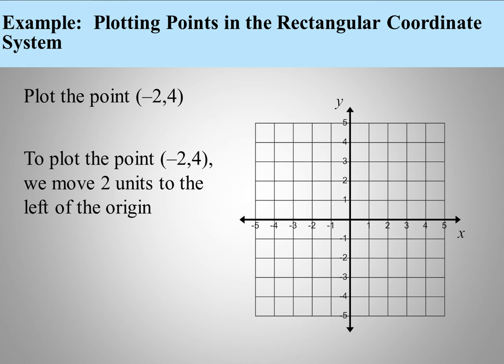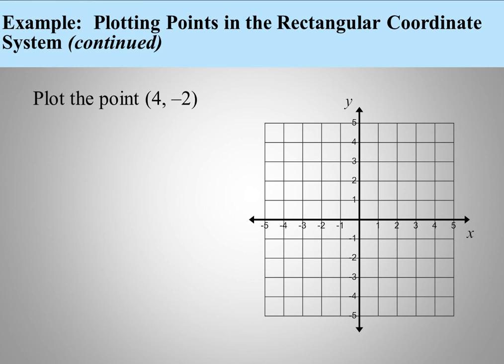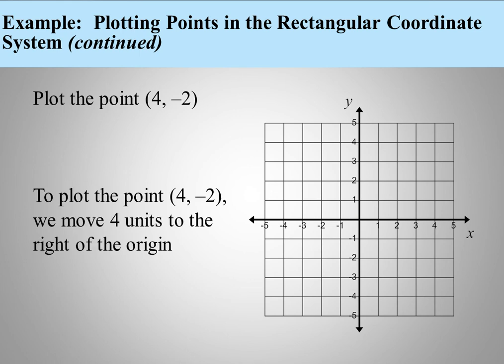Two units to the left is -2, 4 units up is +4, and that's my point. And if I have to plot the point (4, -2), then I'm going to go 4 units to the right and then 2 down, which is that, and that is my point.